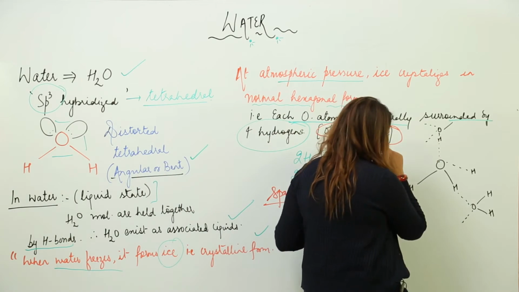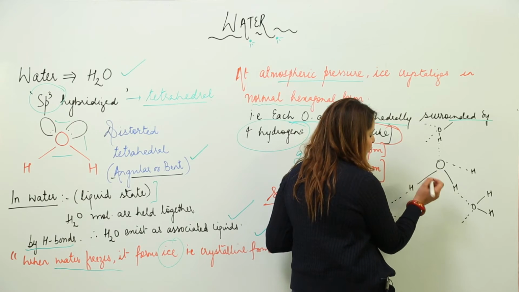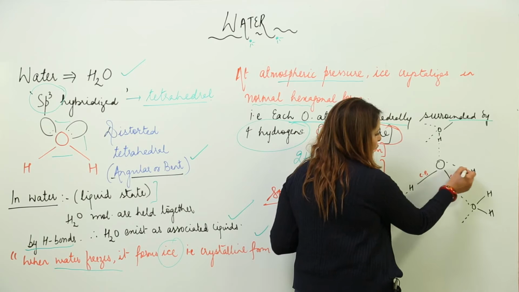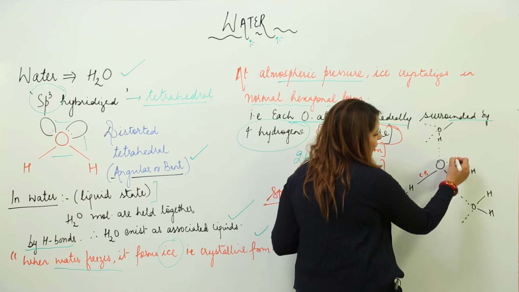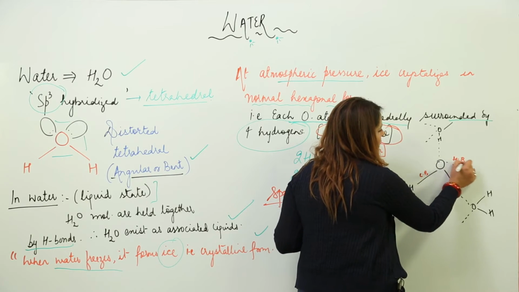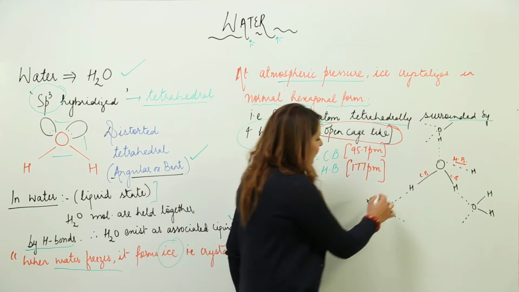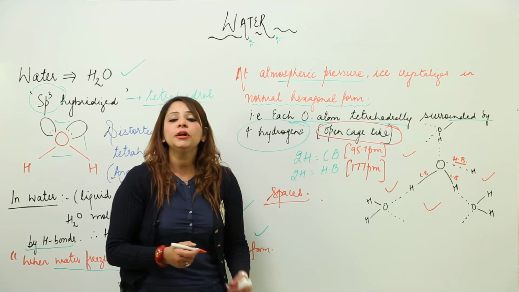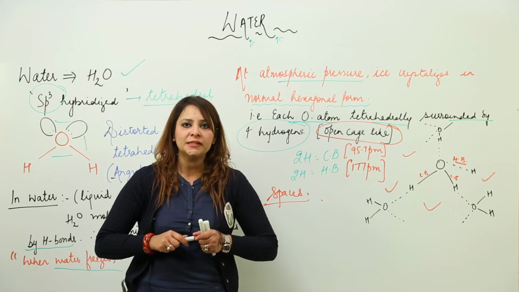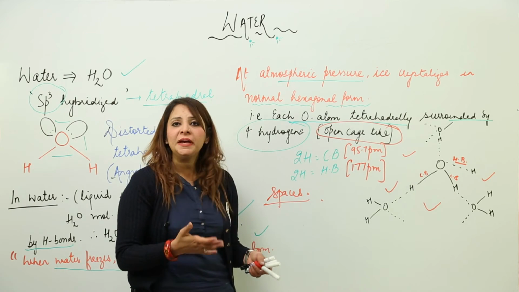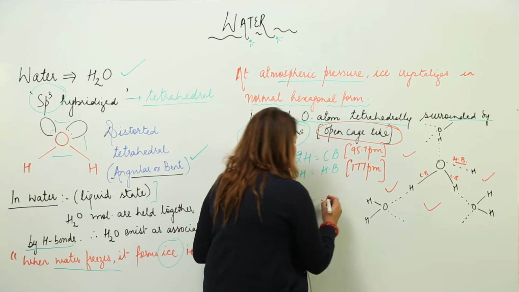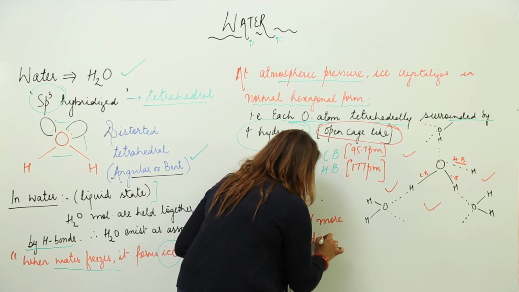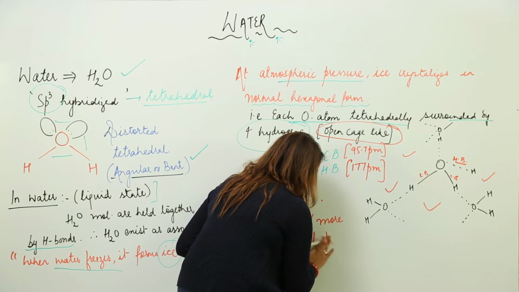See here, one oxygen is surrounded by 4 hydrogens, 2 linked by covalent bonds, and 2 dotted bonds just indicate the hydrogen bonds. Like this, there exist a lot of vacant spaces because it is a 3-dimensional structure. Due to these vacant spaces, the volume is more and the density is less.